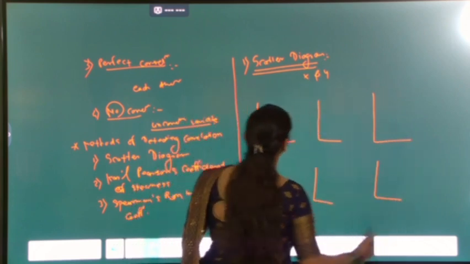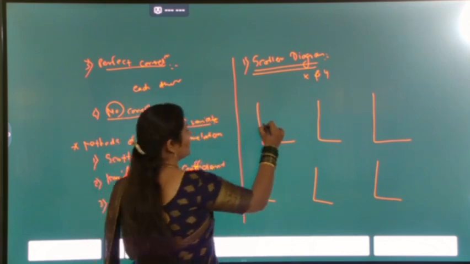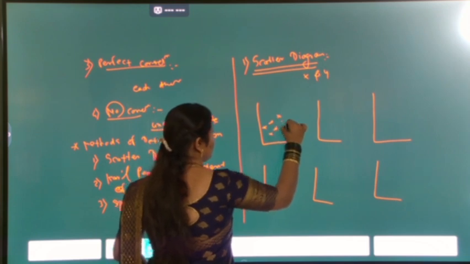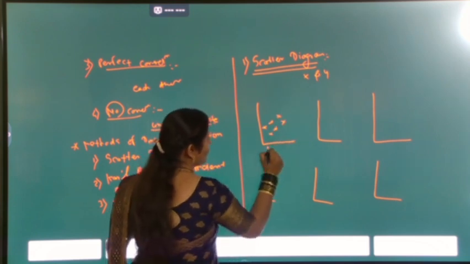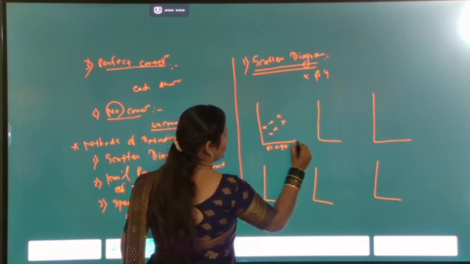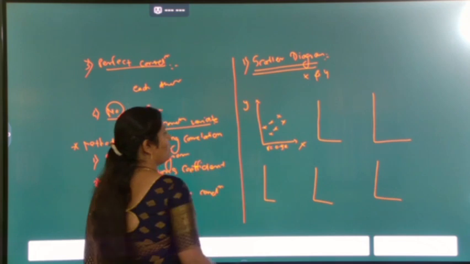We see different types of scatter diagram. If all points are near a narrow strip and the value of r is equal to 0.92, we consider one variable on the x-axis and one variable on the y-axis.